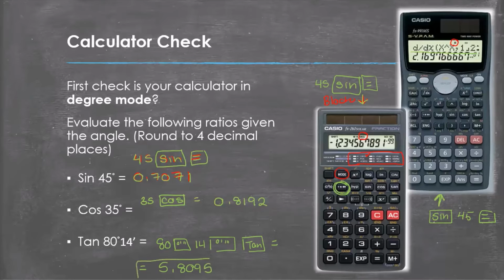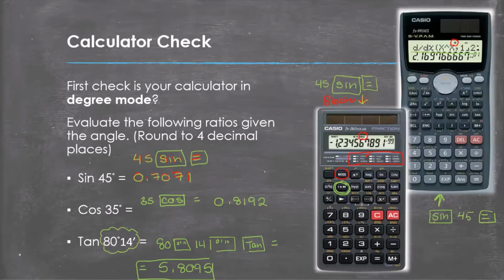Okay, so that is our decimal. It works for both calculators: if you have that degree, minute, second button, you can use it so you don't have to convert 80 degrees, 14 minutes into a decimal. Now let's say your calculator doesn't have that. If your calculator doesn't have a degree, minute, second button, you need to convert to a decimal.